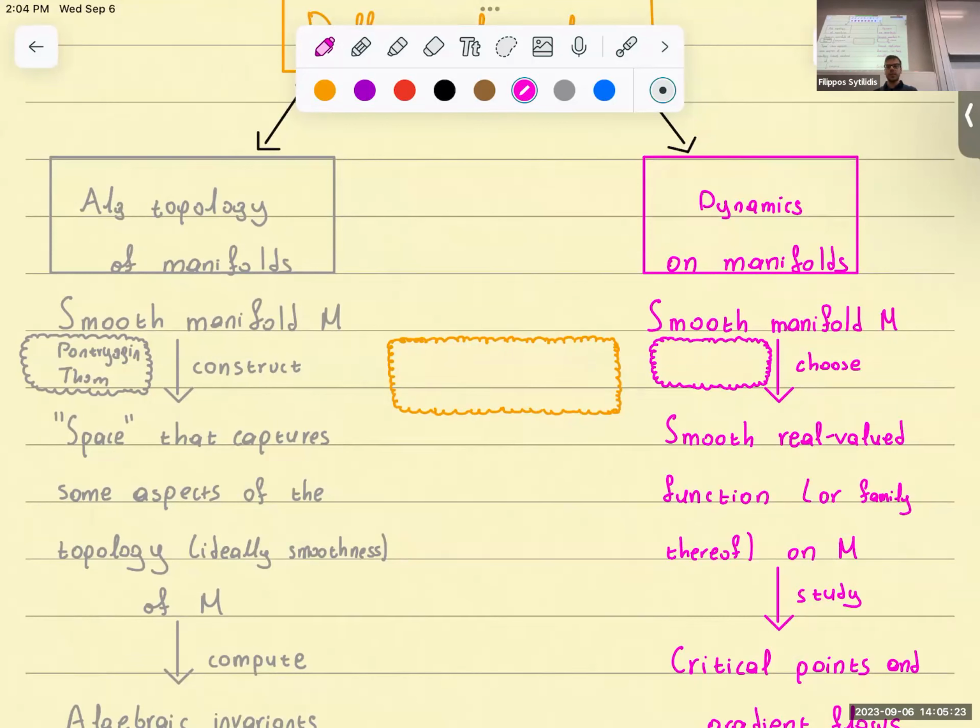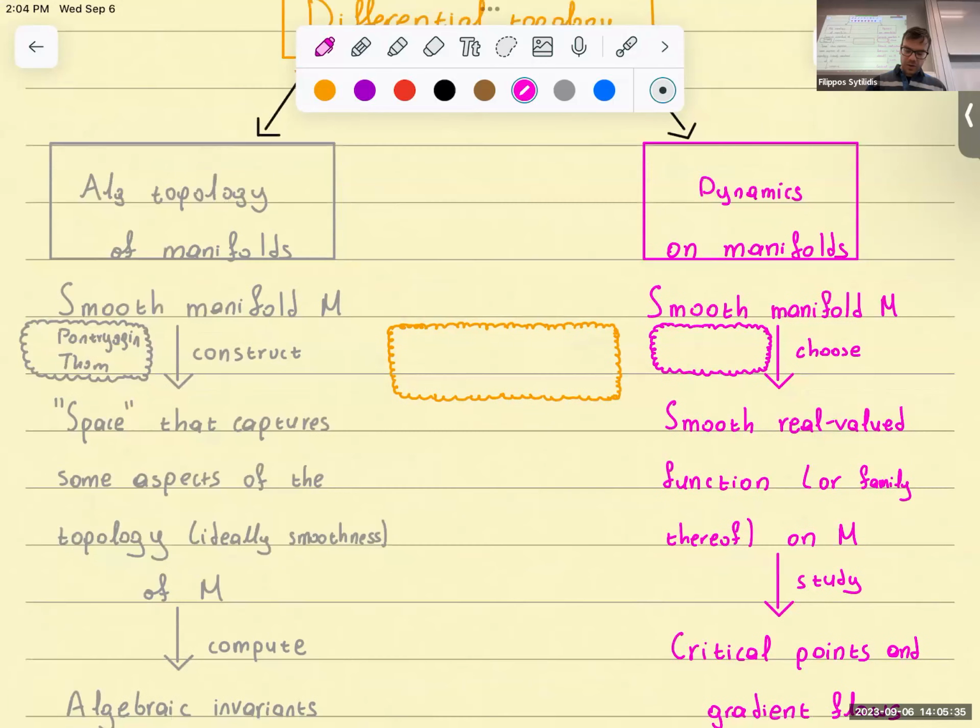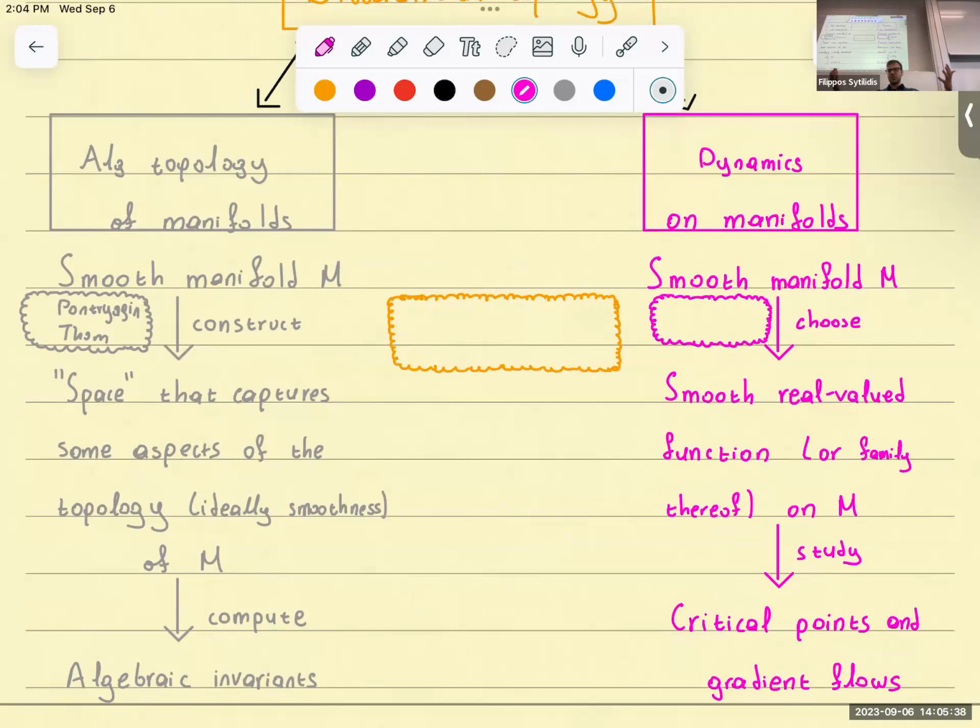At the very least, we choose the data of a smooth real valued function, or maybe a family of smooth real valued functions on M. And then we look at the critical points of these functions, and we study gradient flows and things relevant to that. And the punchline, the motto, is that really the number of critical points and the nature of the critical points of a smooth real valued function tells us something about the topology of the manifold that we began with.